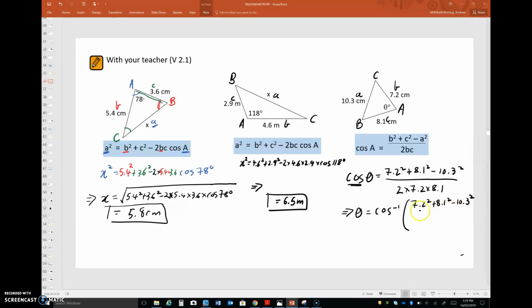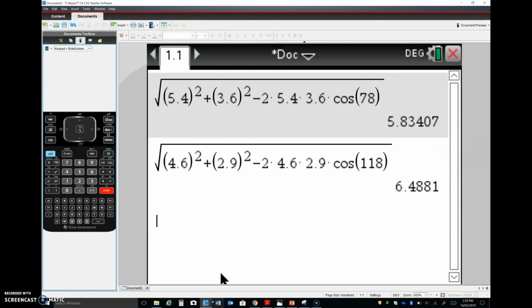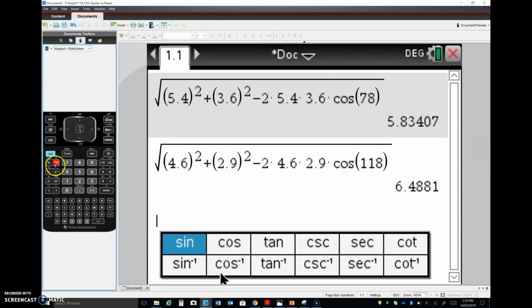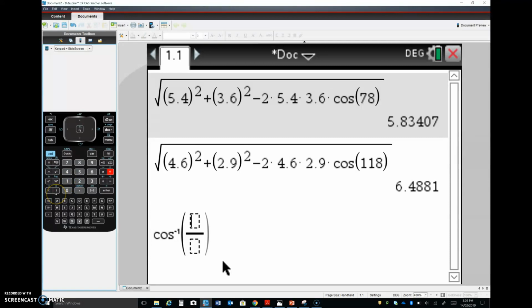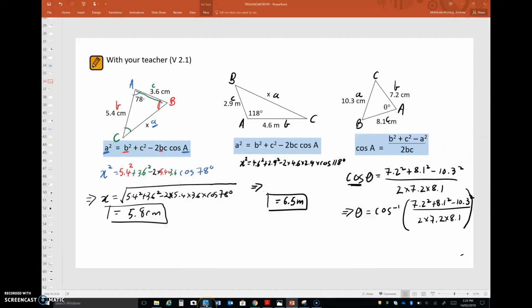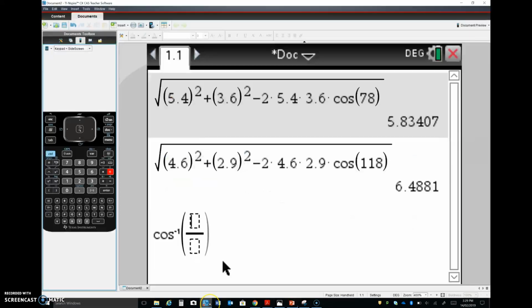So I'll show you a good way to put this into the calculator, because there's a bit to type in. Okay, so we'll get our inverse cosine first, and then I'll go control divide, and then I can just put the two lines in. I've already forgotten the numbers: 7.2, 8.1 and 10.3.